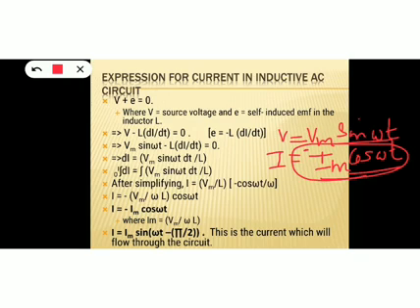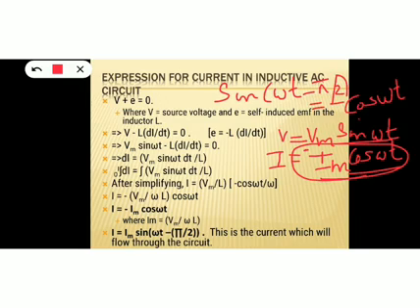And you had already studied one expression in your trigonometry. One relation is there, that is sin of omega t minus pi by 2 is equal to minus cos omega t, isn't it? So here you have minus cos omega t.